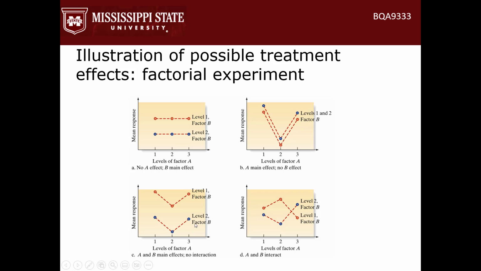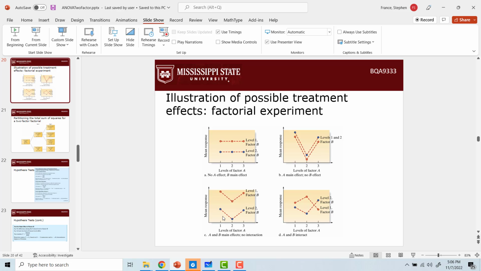So you see there's a difference from level A and also a difference from level B. But the lines are parallel, so there's no interaction. And the fourth is, you can see the difference between levels of A. You can see that there's a difference between B, but these lines are not parallel. So this is levels A and B with interactions. So that's just explaining conceptually what we're looking at in terms of interaction.